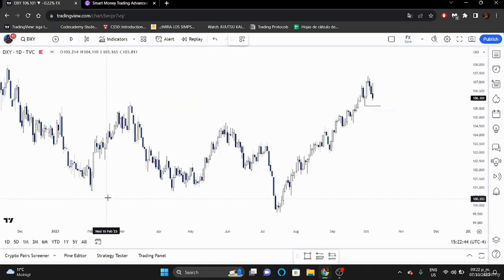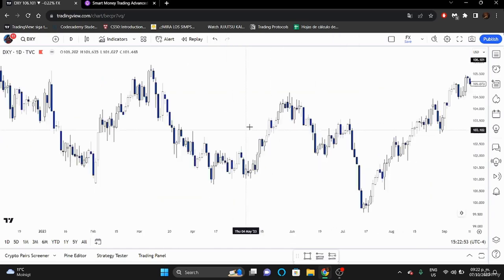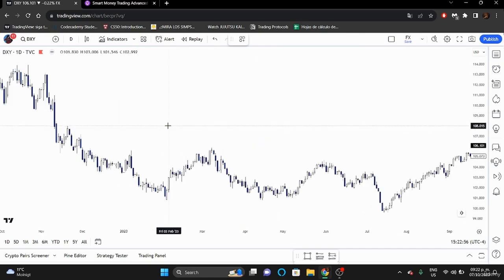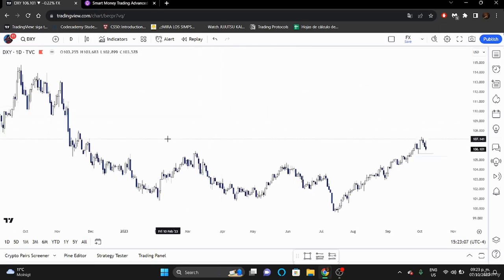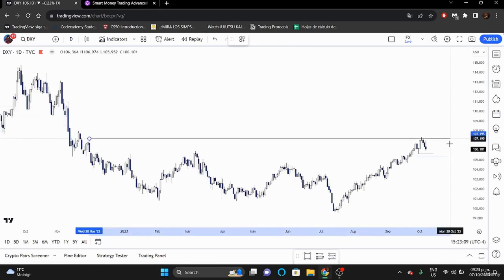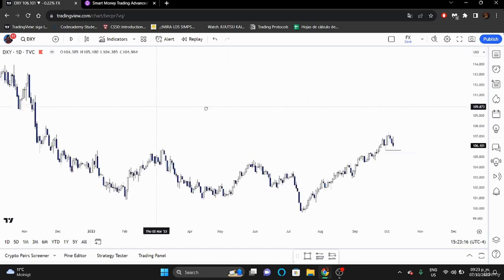Example here. We touch the rejection block, we go higher. Okay, I'm not quite sure if we touch this rejection block over here. No, we didn't. We took this liquidity, but we never came for this right now, so it might be left for later on.